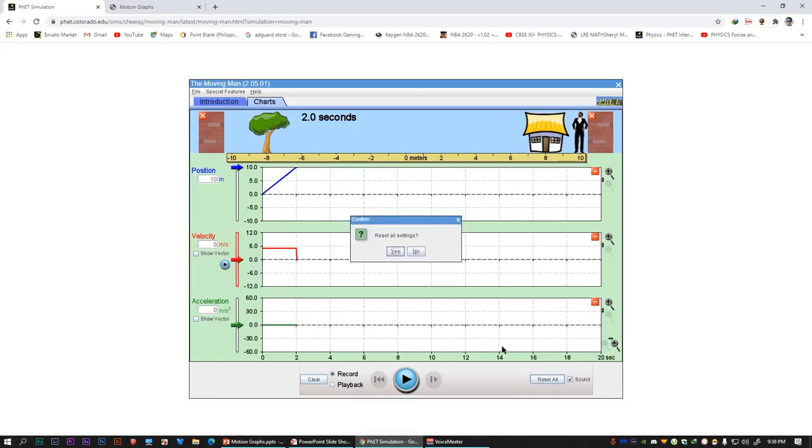Let's try to reset this one, and I will set a value here equal to maybe 5 meters per second, and try to observe the line graph that can be taken from this value. As you can see, we have a value of 5 meters per second, but we do not change the value, so it is still 5 meters per second.